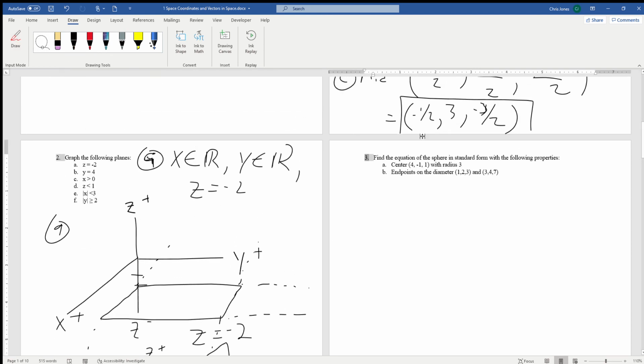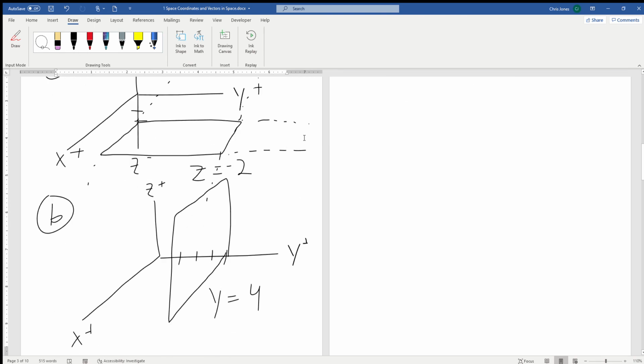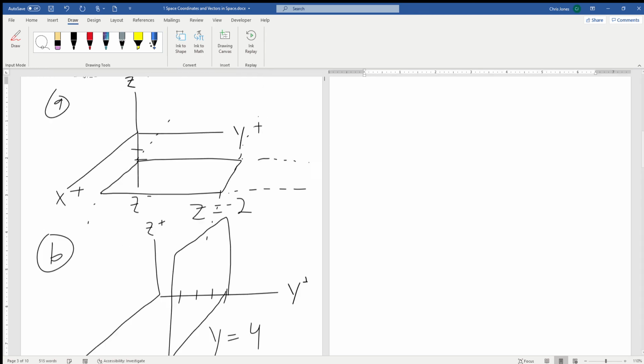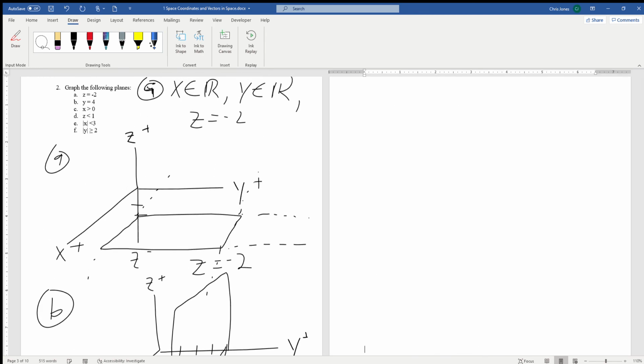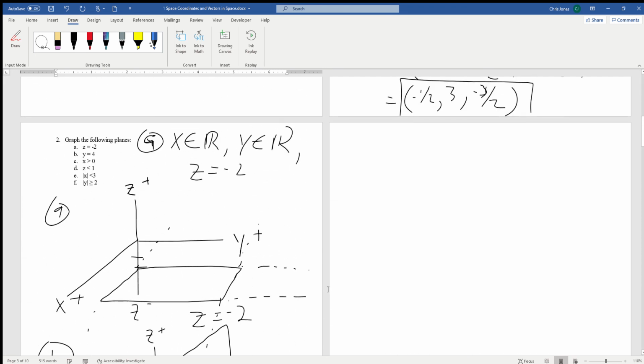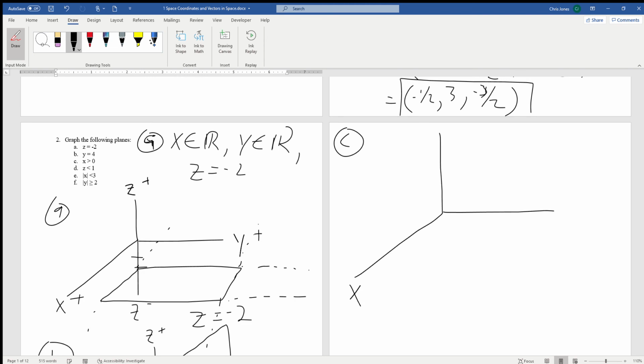So let's make some room here. And again, just making some room, so one moment. We have x greater than 0. All right, so we have to be careful with this one. So here's our plane, and this is x positive, y positive, z positive.